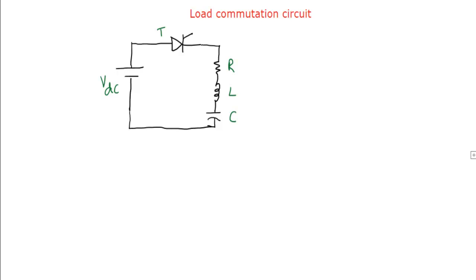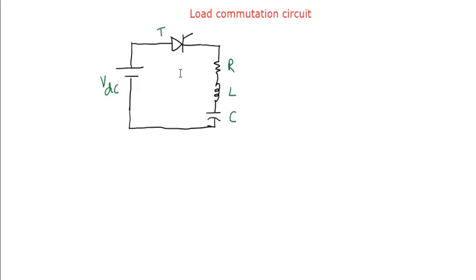Load commutation circuit, as I told you, will be used in series inverters. Here the load will be an RL series load, or sometimes you will have a capacitor across the resistance. So different types of circuits are possible, but the thyristor will be turned off because of the load, or its own load.